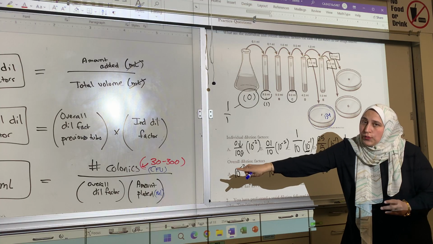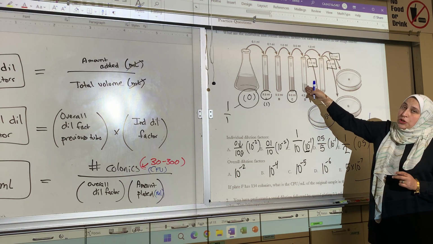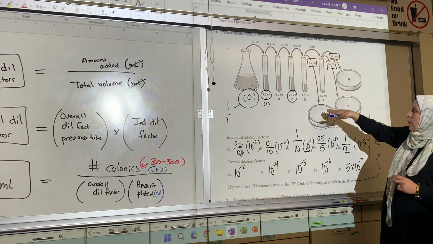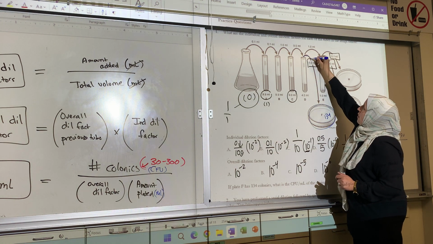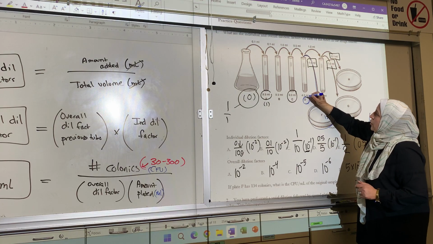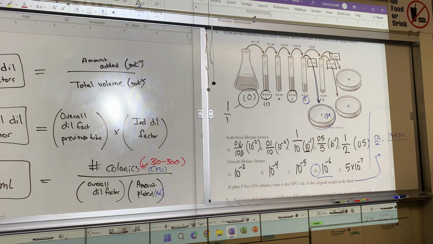Now we need the overall dilution factor for the liquid from the tube that we took our aliquot from. And in this case, F, if you see this arrow here, is coming from tube D. So I need to come down here and get the overall dilution factor from tube D. Okay, so that's 10 to the negative 6.